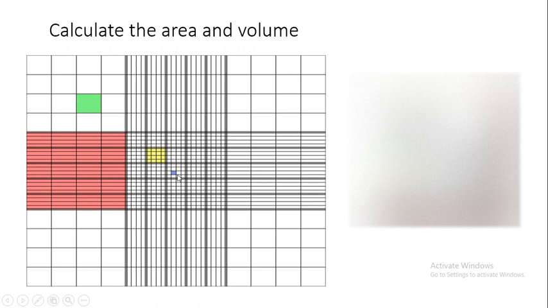For the heavy ruled area, it is again 1 mm length and 1 mm width and 0.1 mm depth. Now see the area of the yellow colored square. This is 1 by 5 and this is 1 by 5 and the depth is 0.1 mm. So the volume is 1 by 5 into 1 by 5 into 0.1, which is 0.04 cubic millimeter.